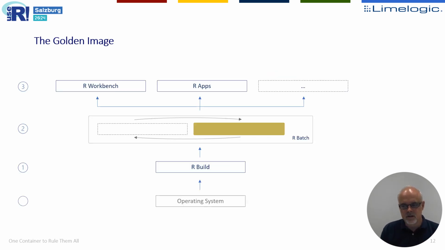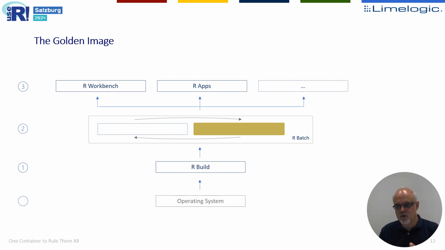So essentially, the way that would work is we'll still have our R build, like we do, but our R batch container image is built from, or uses, the previous production release of R batch as the base image. Right? So we're taking whatever's been previously validated and released for production use, and we're just adding the new packages onto that.